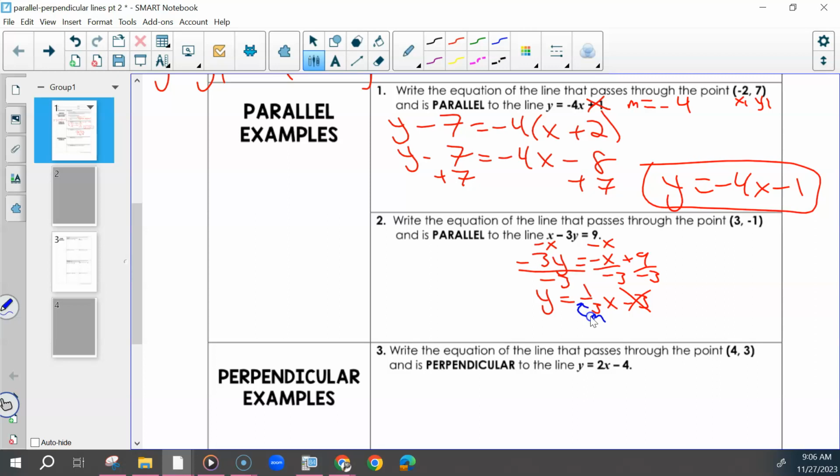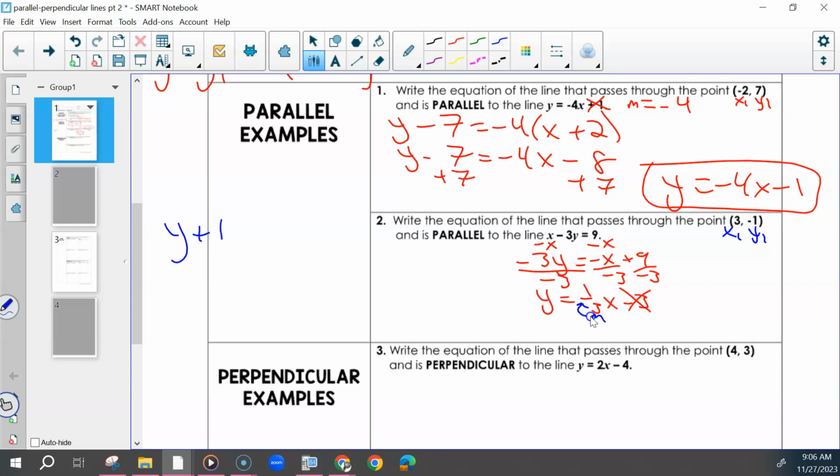If you want to still write it off to the side, you're welcome to do so. So now we have our m, we have our x1, y1. So we can use our equation and put all that stuff in. Y minus, actually this one I'm just going to put plus 1.